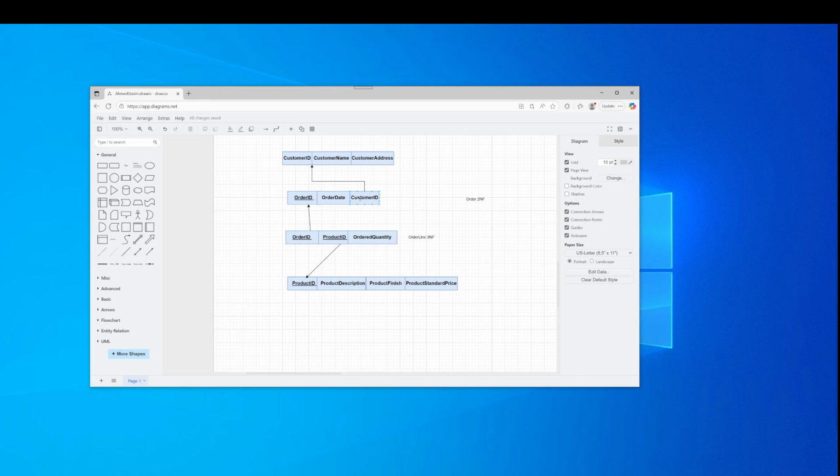Okay, so this one is currently in the third normal form according to the rules.